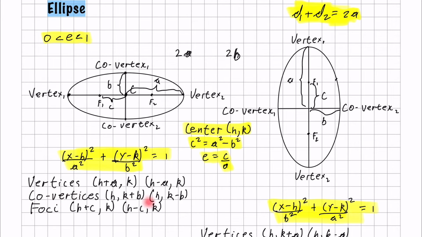For the co-vertices, it's h comma k plus b and h comma k minus b. If you take the center and go up b, you get a co-vertex, and if you go down b, you get another co-vertex. The foci are c distance from the center, so the same applies: c to the right and c to the left.